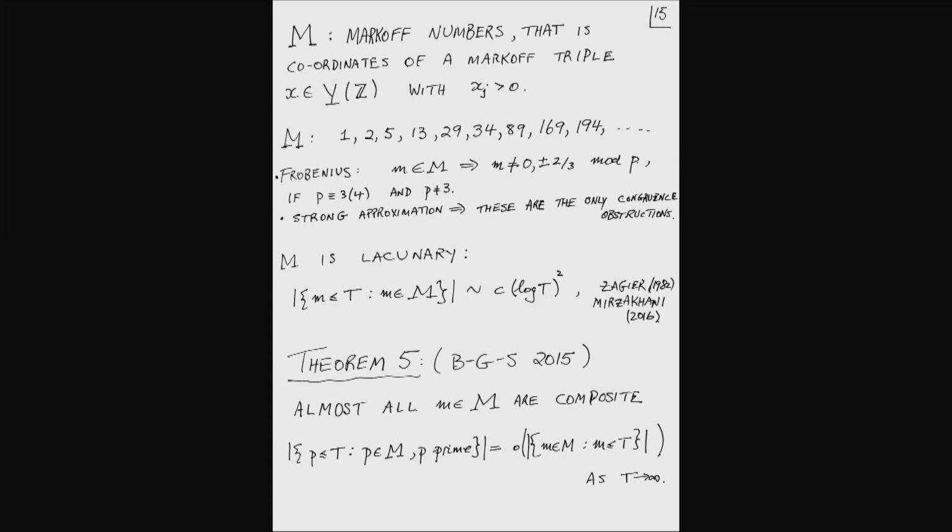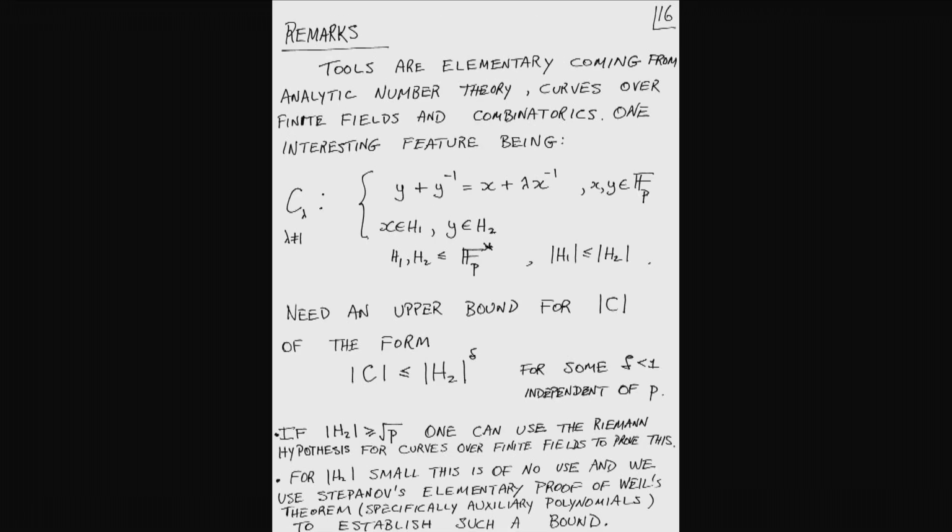Sounds greatly disappointing when you would much rather say there's infinitely many prime Markov numbers, but these problems are so hard, they're Lachenry problems, that by our standards, we feel it's quite an achievement.